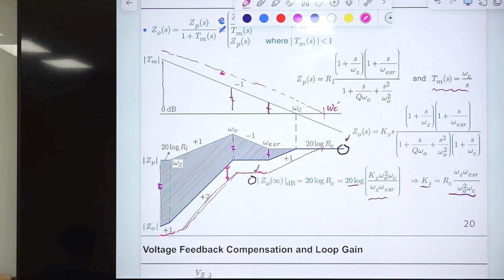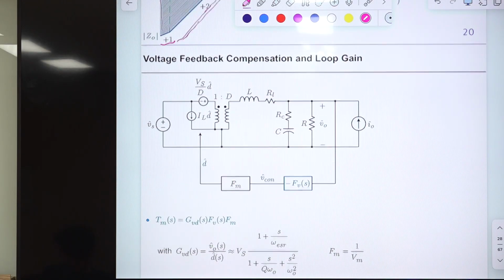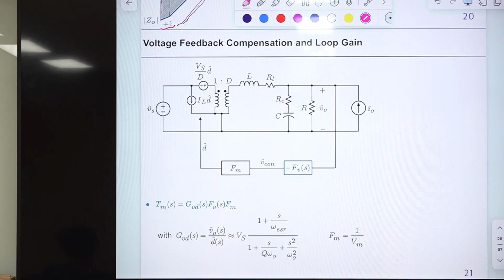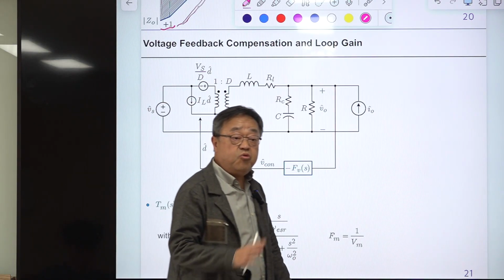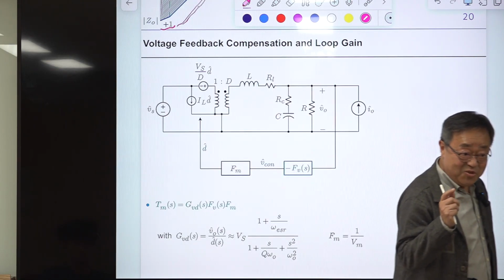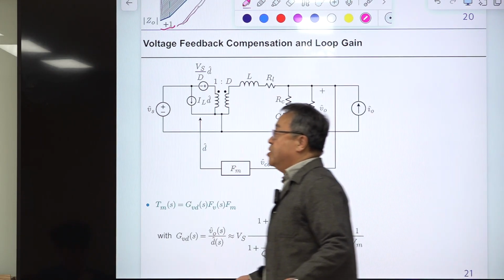Okay? So this one is good, except for one fact. We assumed the loop gain as a simple integrator, but loop gain is the quantity you want to design. Loop gain is not given to you. You should design loop gain to obtain the ideal characteristic, in both loop gain, audio susceptibility and output impedance.